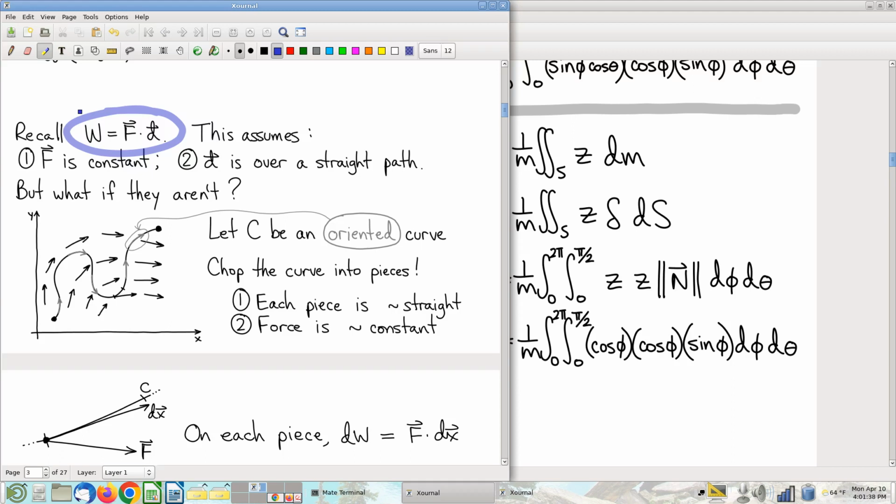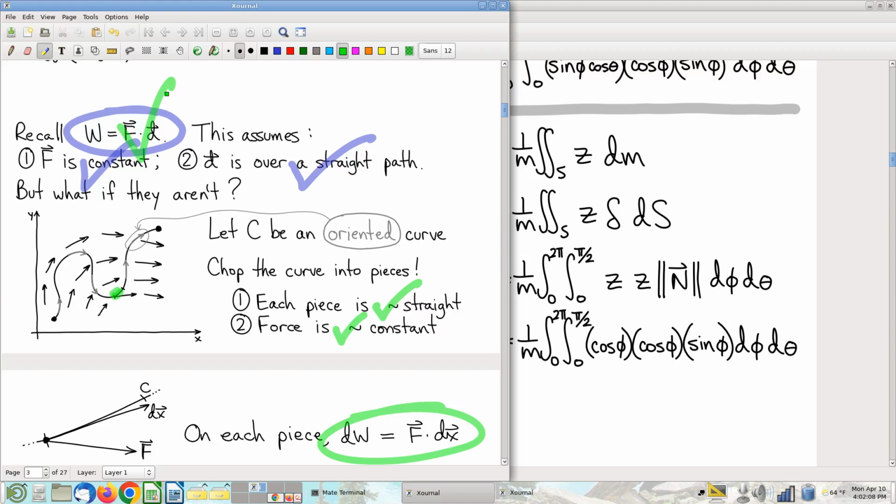How much work does it take to climb to the top of the mountain? And we have a formula that applies on constant vector fields over straight line paths, which we don't have here. But we can chop it up into little pieces, and on each little piece, it's approximately straight, and the force is approximately constant. And on each little piece, then, we can basically use that formula.